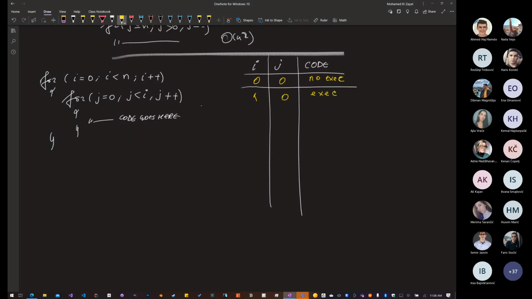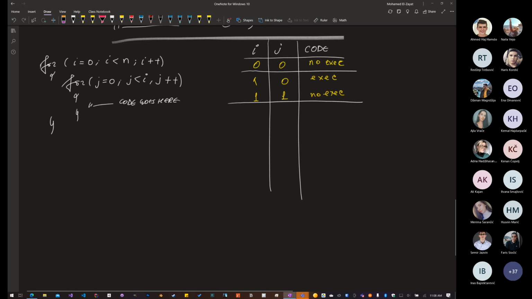Now J will increment while I is still 1. 1 is not less than 1, so we have no execution again. That's the end of the nested for loop, and then we get back here again. Let's do one more.